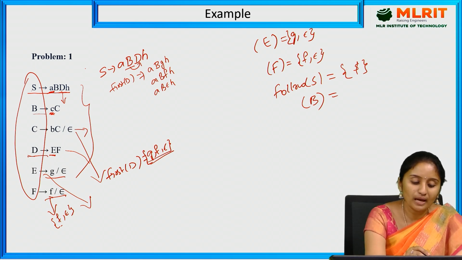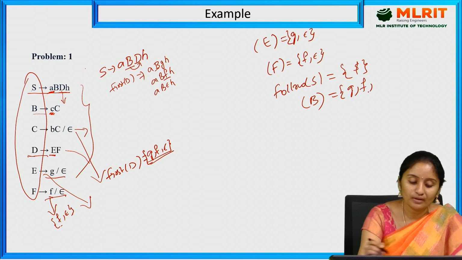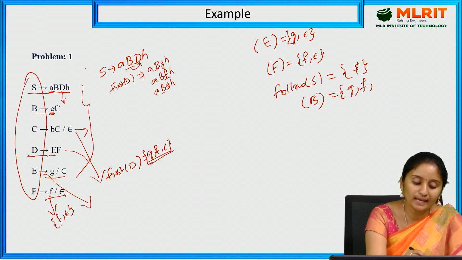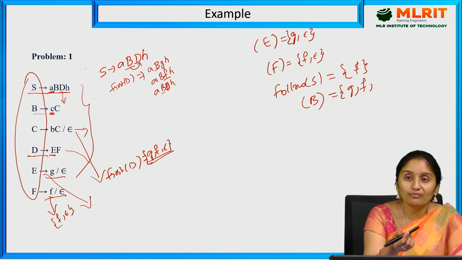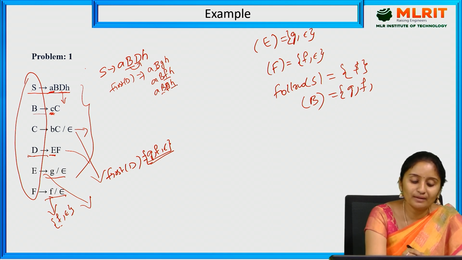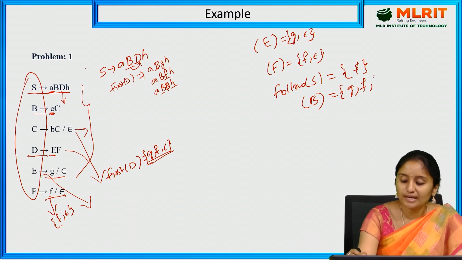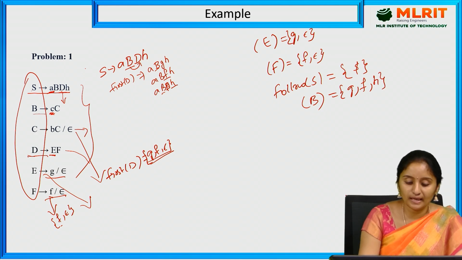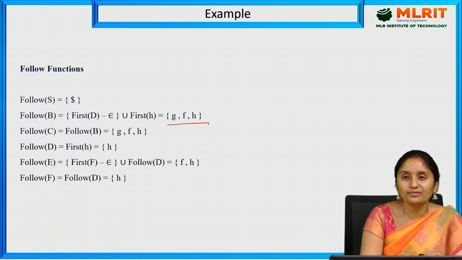So follow of B gives G, follow of B gives F, and follow of B gives epsilon, which is nothing but empty. Epsilon is not allowed in the follow function, so we are not going to write epsilon here. So B is followed by terminals G, F, H.